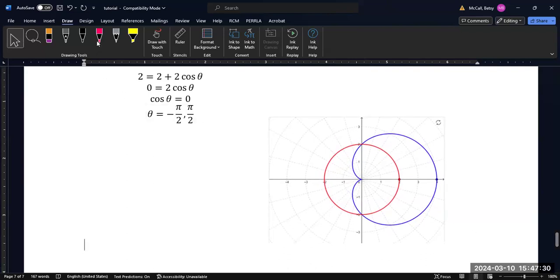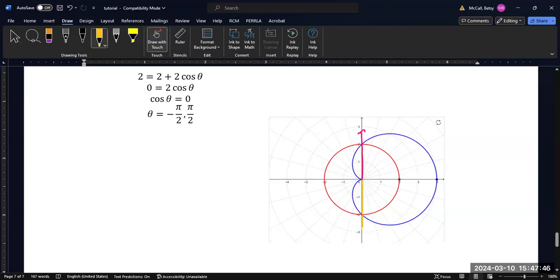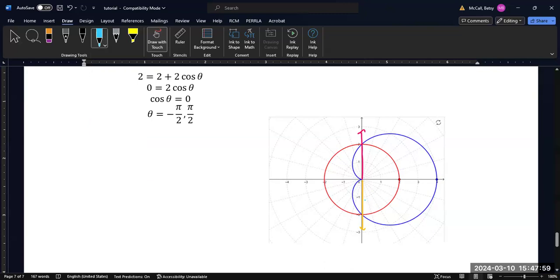So when we plot the pi over 2 angles, we end up with one angle right here. And then, let's change colors, we end up with the other angle down here. Now, if we were to integrate from, let's say, negative pi over 2 to pi over 2, then what we're doing is going around from here to here, and so the outer boundary of the region is just the circle.